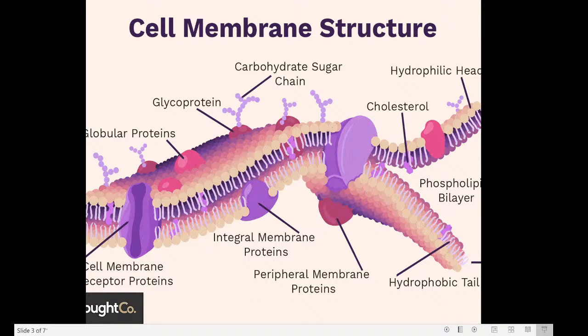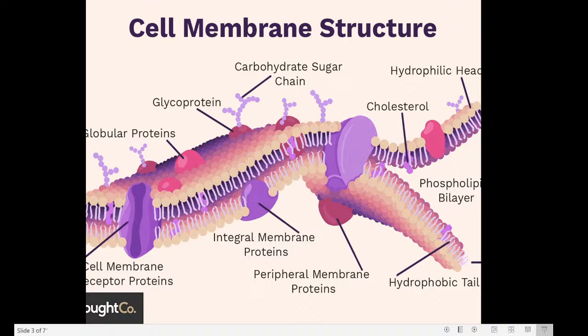That component makes a layer, and that layer is called the phospholipid bilayer. With that phospholipid bilayer, there are peripheral membrane proteins, integral membrane proteins, globular proteins, glycoproteins, n number of proteins. Then cell membrane receptor proteins, all that kind of proteins are there.